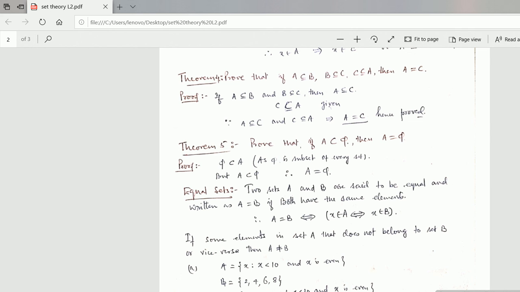Now what are equal sets? Two sets A and B are said to be equal and written as A equals B if both have the same elements.